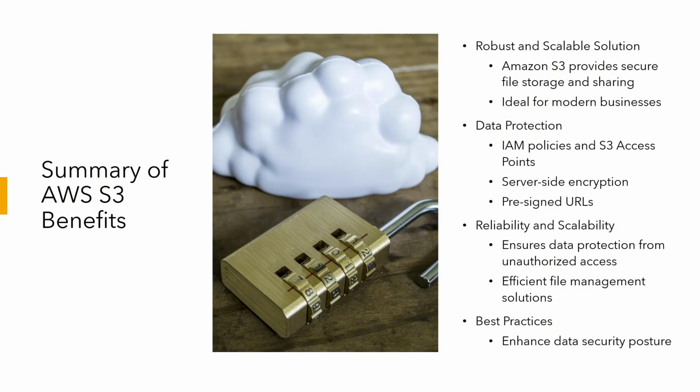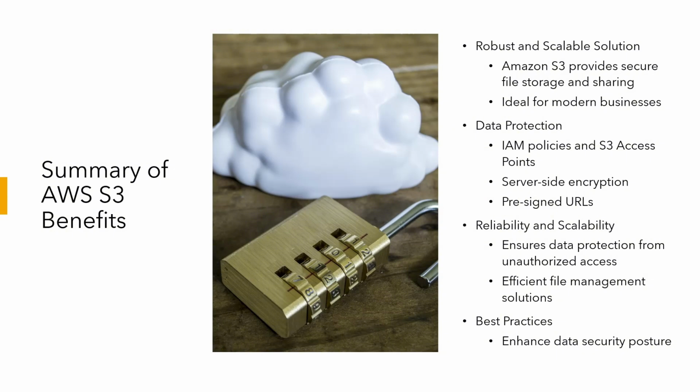And then, of course, on the reliability and scalability side, AWS services allow us to have a solution that is available for businesses that are seeking secure and efficient file management services.